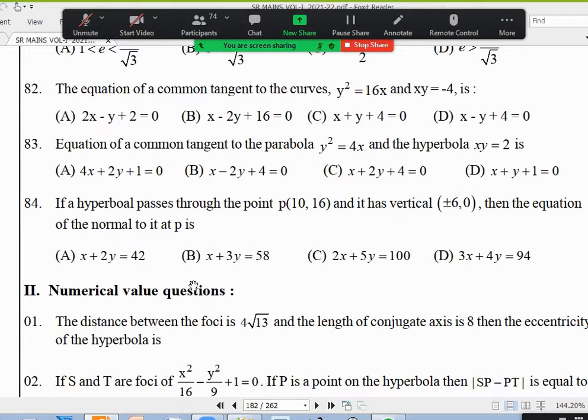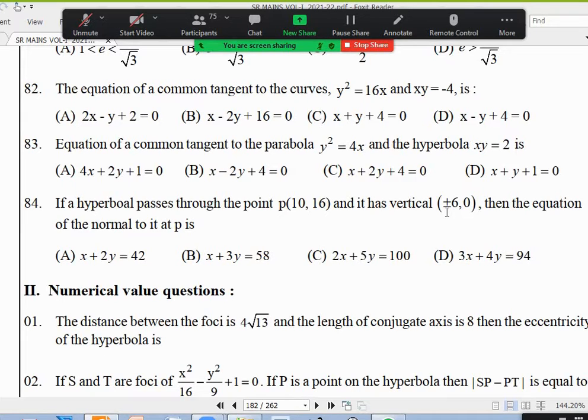Sir, in the 84th question, I think it is not vertical, they are vertices. Okay. Even if they are vertices, the hyperbola passes through this, so you can find the hyperbola. You know a value: x square by 36 minus y square by b square equal to 1. How will you find b? Substitute 10, 16, and you'll get b.